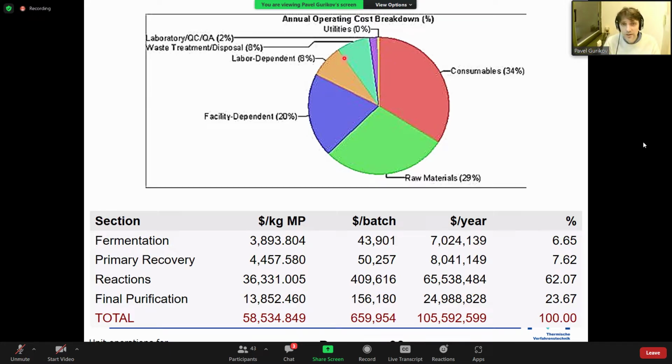So consumables, 34%, coming back to consumables and raw materials. When it comes to biotech, don't be surprised, consumables cost a lot of money because in the supply chain, you are never alone between the raw materials and the final product.